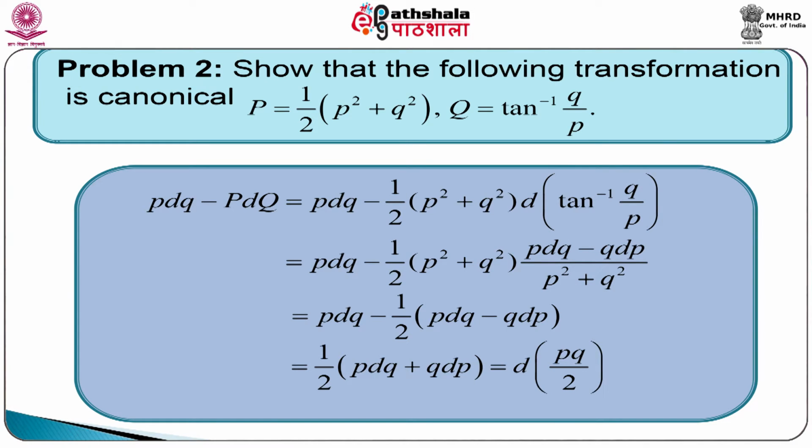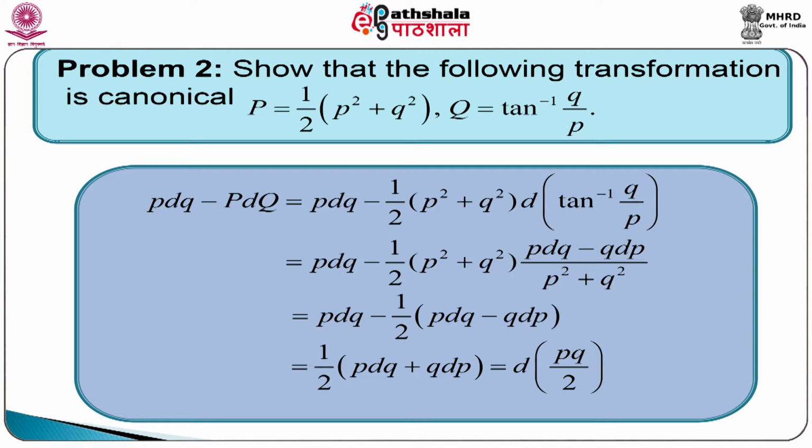Consider next problem. Show that the following transformation is canonical, where capital P and capital Q have been given. To prove the transformation is canonical, we have to prove that small p into d of small q minus capital P into d of capital Q is an exact differential. Let us test it.